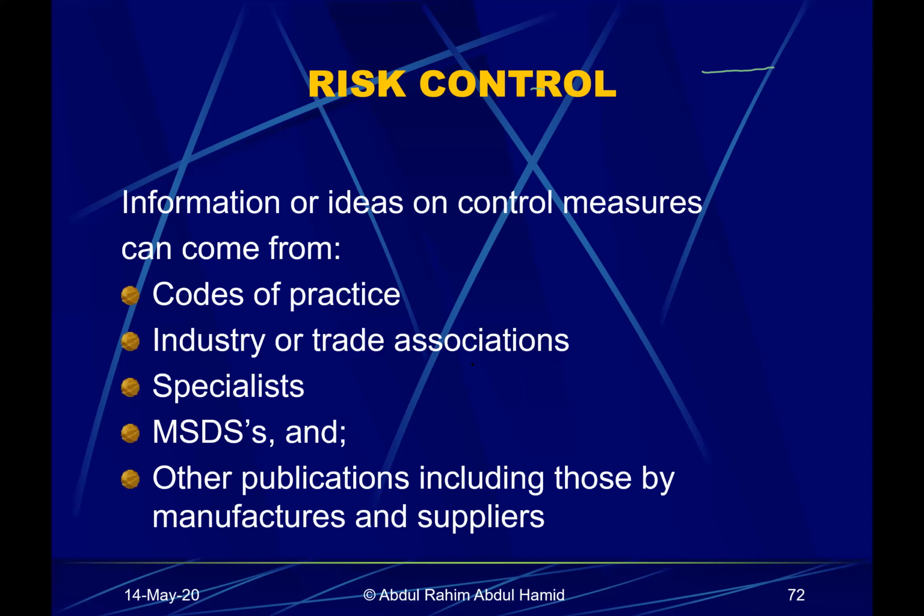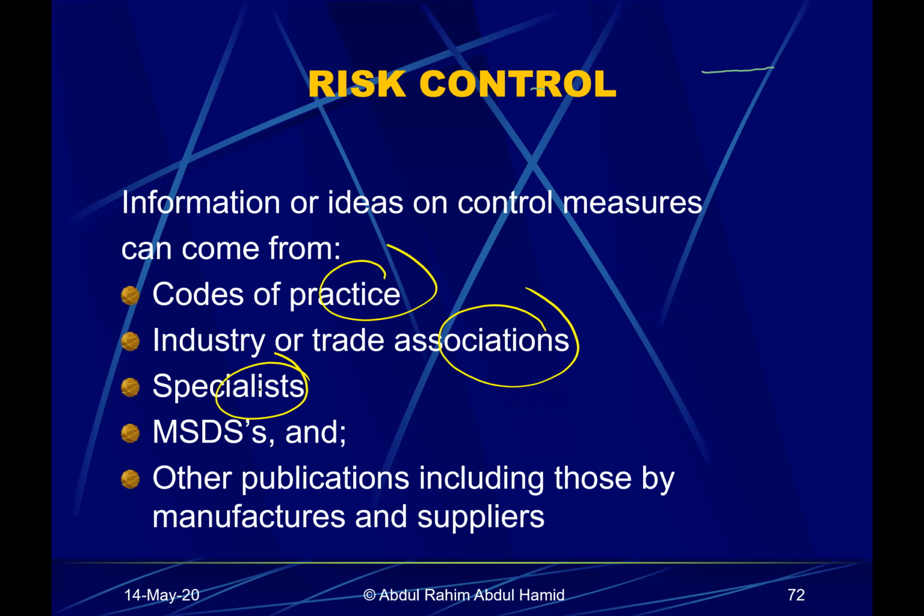Now let's take a look at, before we go into the level, risk control. Where can you get the so-called reference? You can refer to code of practice, industry or trade association, specialists, material safety data sheet. Normally when you buy product, especially substance, the manufacturer will give you material safety data sheet where all kind of precaution is being shown there.